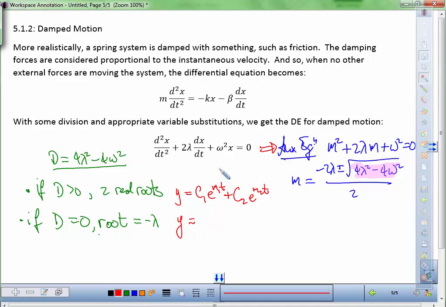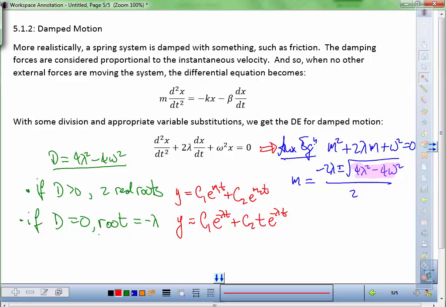There's a t for the second one. So the first one would just be e to the negative lambda t plus, let's call it c2, t times e to the negative lambda t. So there's an extra polynomial factor attached to one of the terms. And if we take a look at this, this is decreasing, and this is also decreasing. Okay.